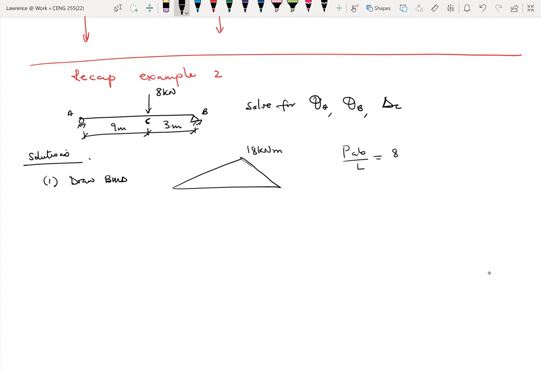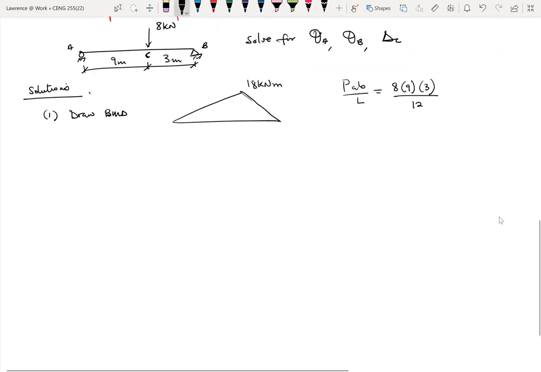The A is the distance on the left, which is 9. B is the distance on the right of P, which is 3. And then L is the entire length of the beam, which is 12. This equation only works for this configuration. Any other configuration and the equation might be a bit different. So it's not a fit for all kinds of equations. All right. So this is a positive bending moment.